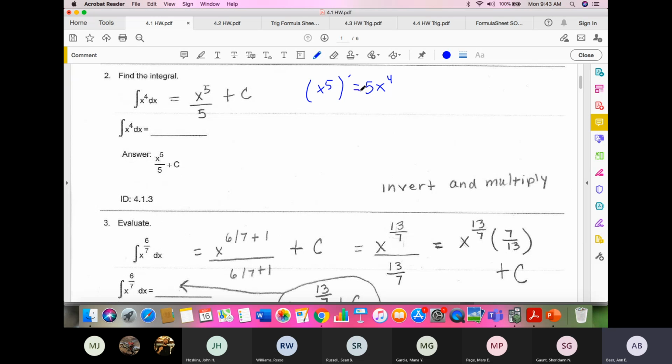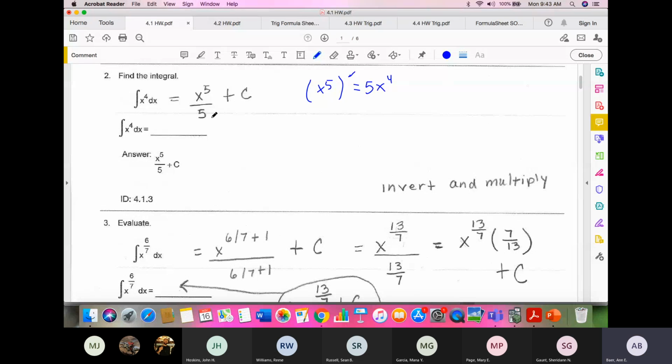And that's what that derivative here would be equal to. We don't have 5x to the 4th. We have just x to the 4th over here. So that's the reason why we have to divide by this power here. Divide by this power 5.